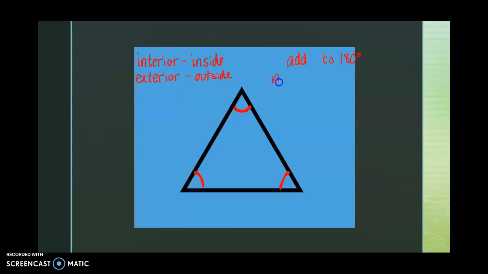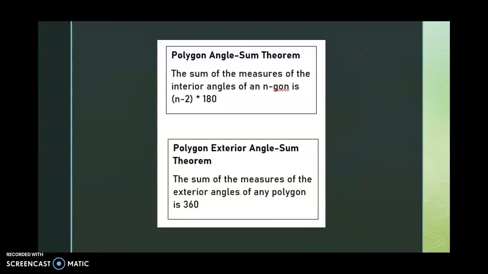So remember, n is the number of sides, so 3 minus 2 times 180. And you'll see that that simplifies to 1 inside the parentheses times 180, which is just 180 degrees. So we already knew that one, but you could see that the angle sum theorem worked out.